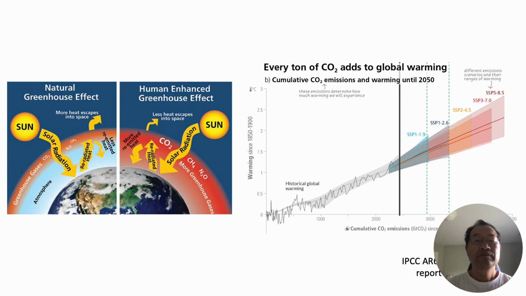In past research, it has been conceptually illustrated, as shown in the left panel, that as the greenhouse gases accumulate in the atmosphere, they absorb the long wave radiative heating, so less heat is lost from the atmosphere and more is trapped in the atmosphere, causing warming.